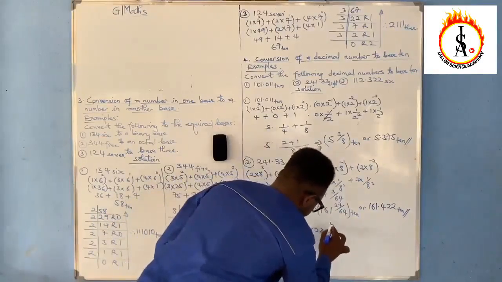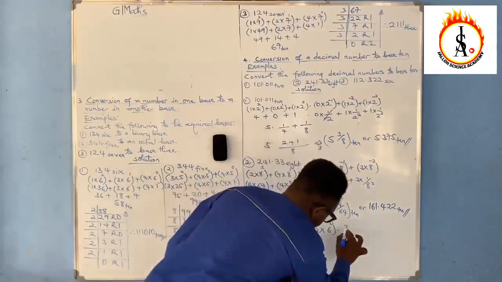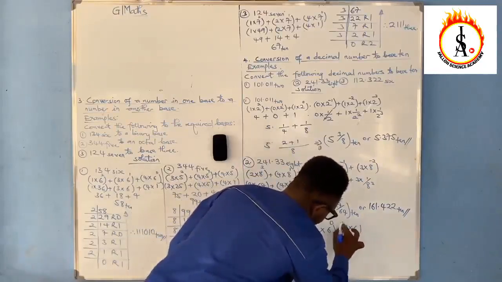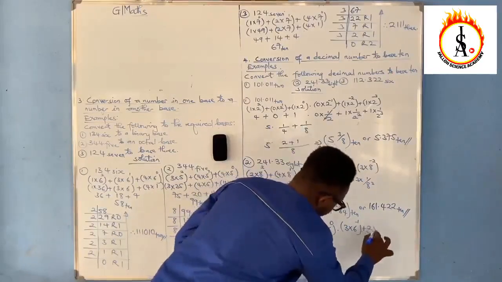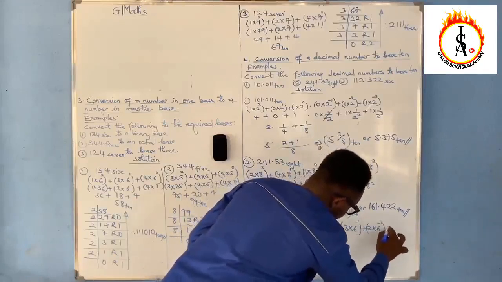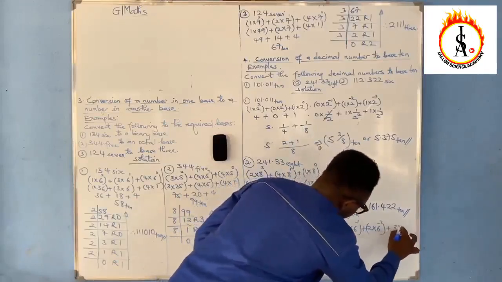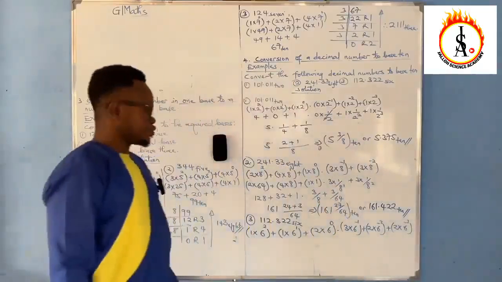Put a point, this gets power 0, power 1, power 2. 3 multiplied by base 6 to the negative 1, plus 2 multiplied by base 6 to the negative 2 power, plus 2 multiplied by base 6 to the negative 3 power.